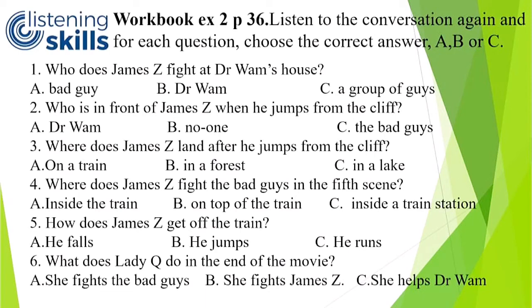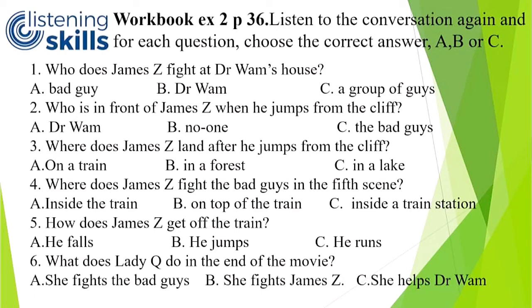Dr. Wham and the bad guys find him there. James Z starts to run and comes to a cliff. This is the third big scene. Dr. Wham is standing in front of James Z when suddenly James Z jumps off the cliff. Oh, that's exciting. But he's okay, right? Yes, he jumps into a lake, but we don't see the lake, so we don't know what happened until later. So we're not shooting a lake scene. Right. In the fourth scene, James Z is walking through open fields.